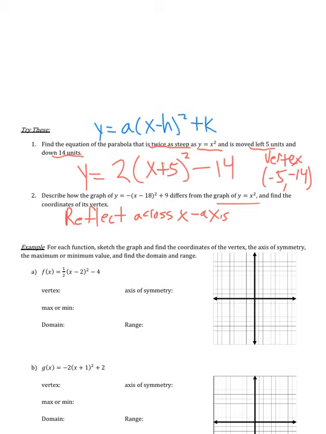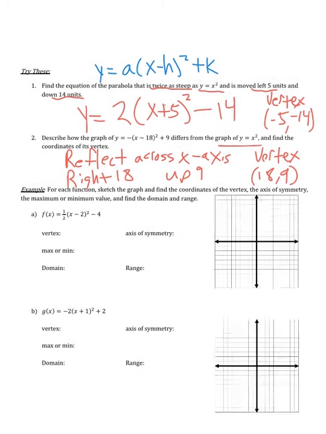So it's opposite. Minus is going to move it right 18. Then the 9 is going to move it up 9. Okay. Right 18, up 9. So the vertex is going to be at 18, 9. Because it's moved right 18 and it's up 9. So this is our h, k, that's our vertex there.